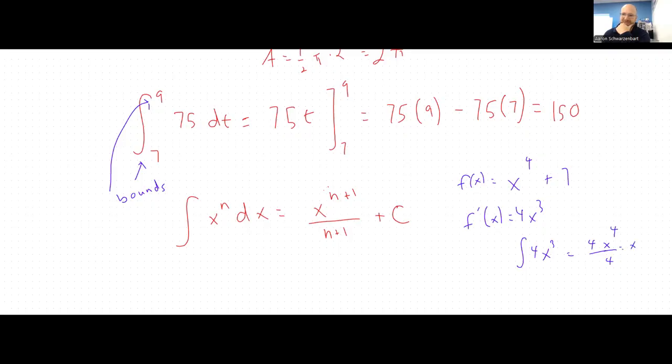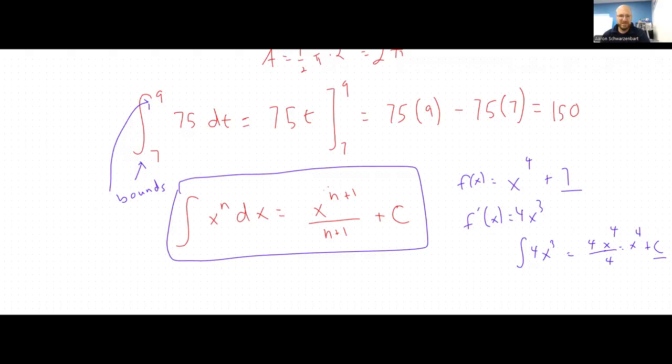But I didn't have a plus 7, so we say there was an unknown constant. That constant could be 0, so it wouldn't be there at all. But there's a constant that is by default added, and we just call it plus c. Under certain conditions, you can find what c is. There's only a plus c when I don't have bounds. If I do have bounds, I do the plug-in.